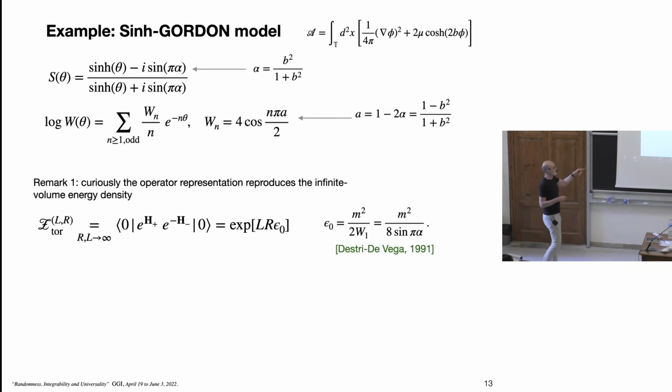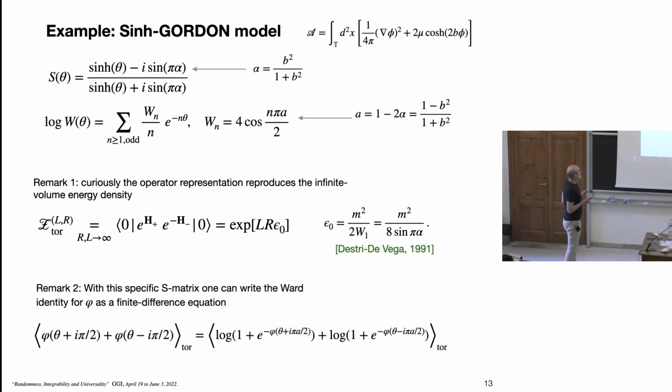But if you don't normalize it, the result is exactly the free energy of the infinite volume, which was computed by Destri and De Vega long ago, using the prescription that the exponents in the potential are normal ordered.